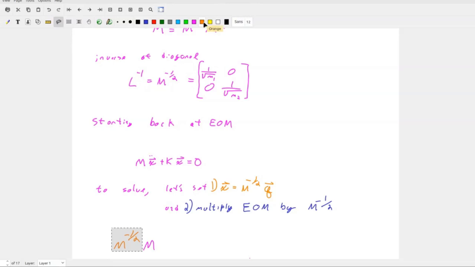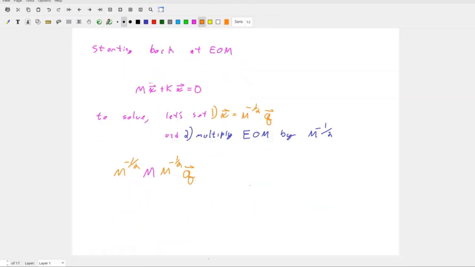Purple is what I had. Orange comes from m to the negative 1/2 q vector double dot, right? Because it's my acceleration term.